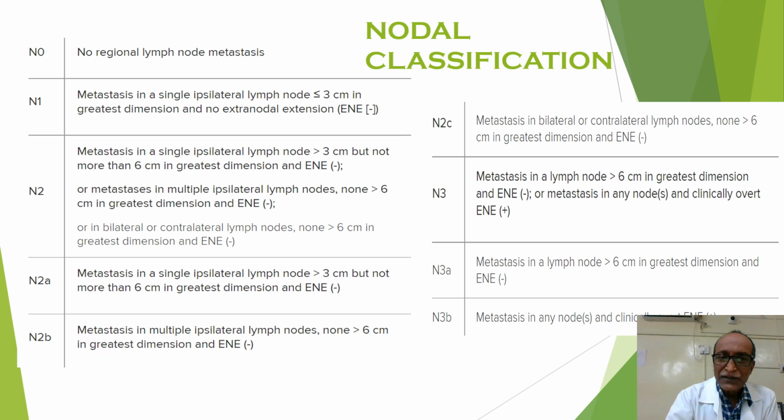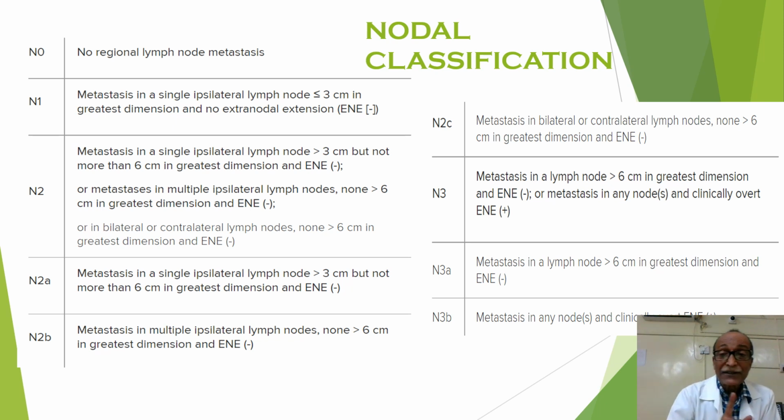There are subdivisions of N2 and N3. We did not go into the detail. Only one thing I would like to point out: it is said that a left side cancer will likely go into the left side of the neck nodes. That is true, but it is not always so. The chances of bilateral involvement are always there.